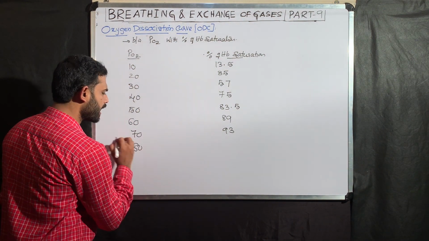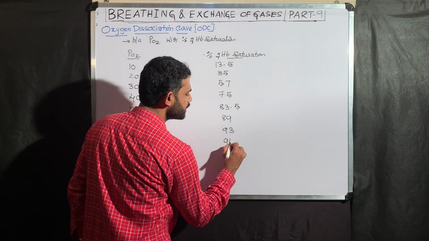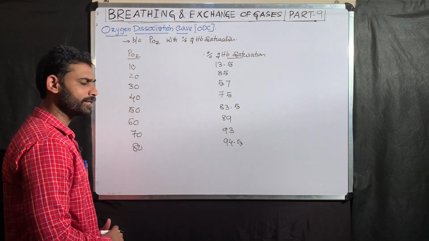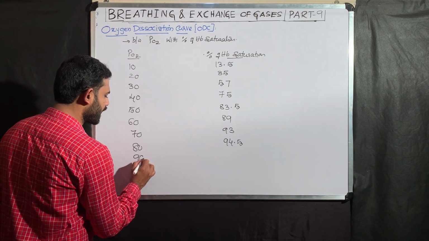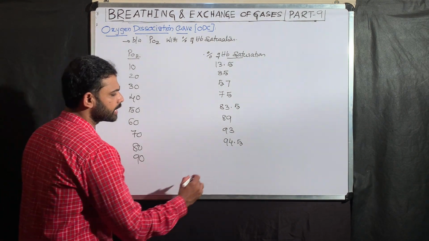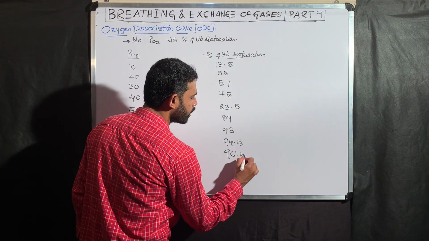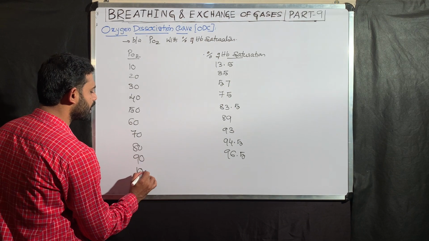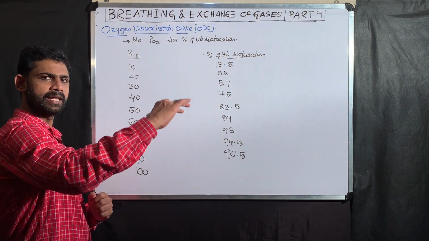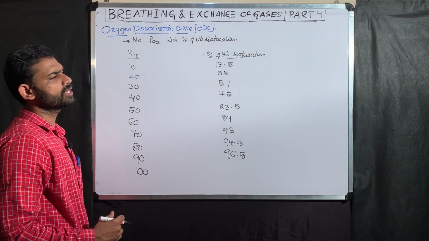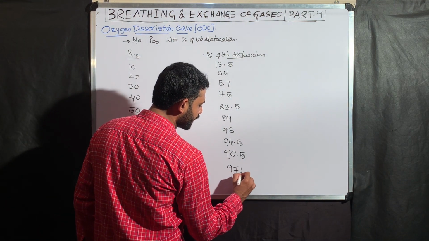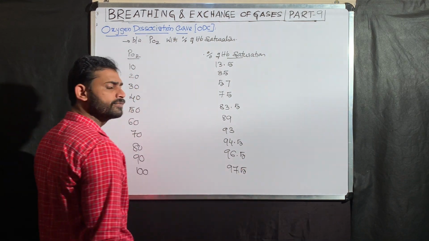Then if it is 80, it becomes 94.5, almost reaching the saturation point. Then if it is 90 partial pressure of oxygen, it becomes 96.5. If the partial pressure of oxygen is a complete 100, then the percentage of hemoglobin saturation is 97.5.